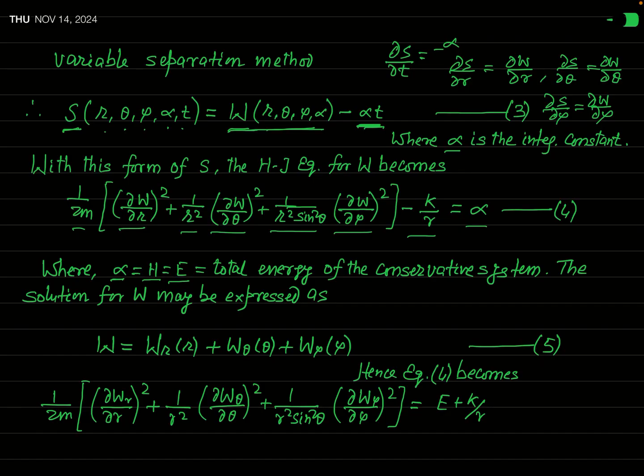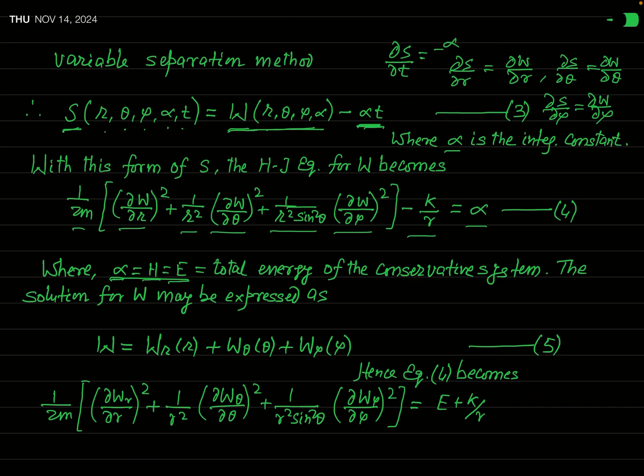Now here our particle is moving in a central force field, and you know central force is a conservative force. So definitely in this present case we are talking about a conservative system, and therefore this alpha will be recognized as the total energy of the system.